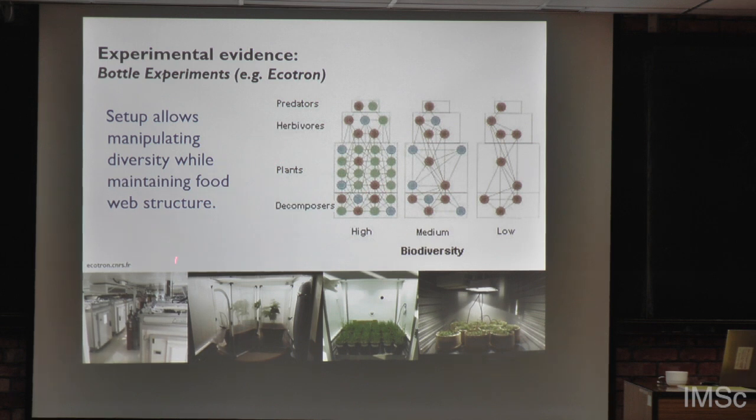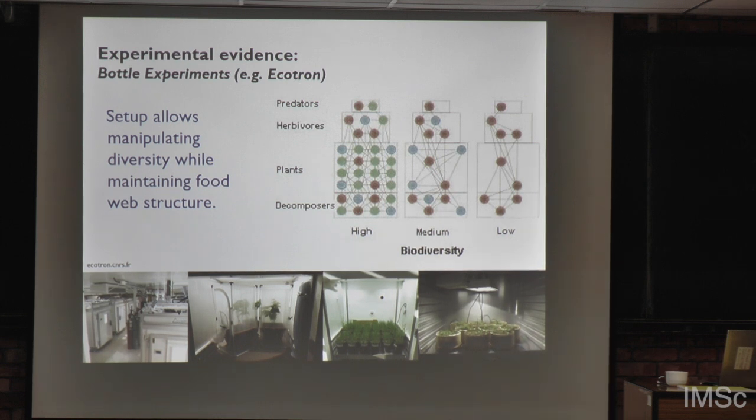There would be a few microorganisms which function as decomposers of the detritus of the dead species. There would be insects which feed on these plants, and other insects which feed on these herbivorous insects. So you can change the diversity, so you can have more nodes or fewer nodes in different chambers, and then study what happens over time in each of these chambers.